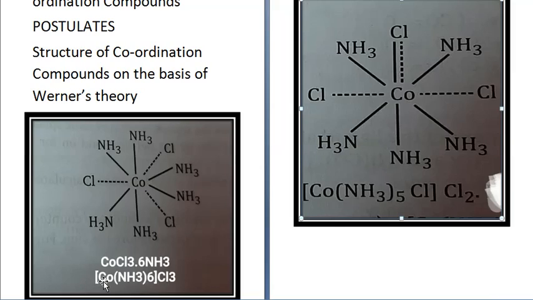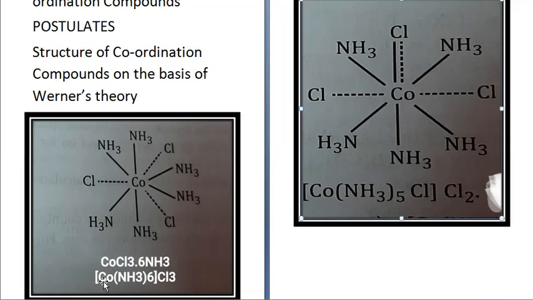Now primary valency is satisfied by negative ions, that is anions, while secondary valency is satisfied by ligands. Ligands can be neutral, negative or, in rare cases, positive also. Every metal has a fixed number of secondary valencies, that is, it has a fixed coordination number, the number of neighboring atoms which are present.